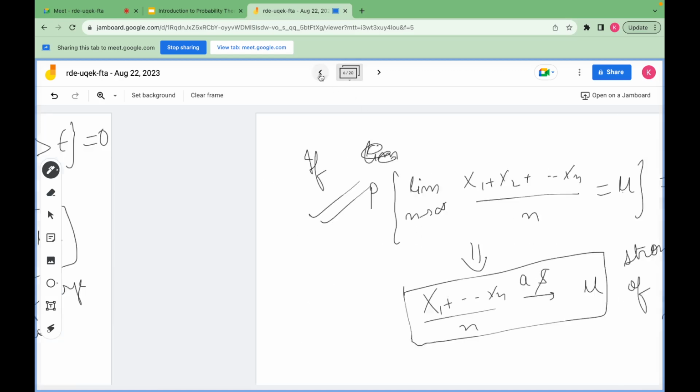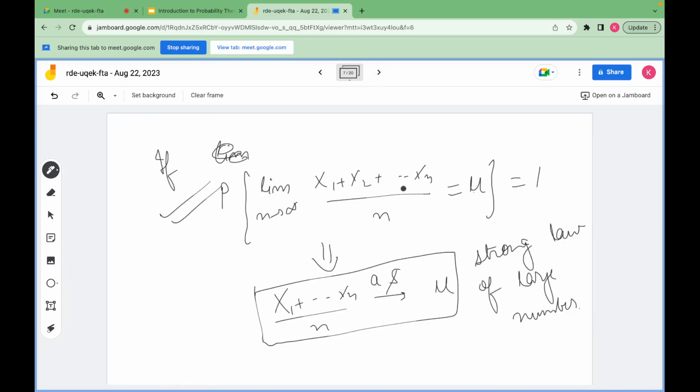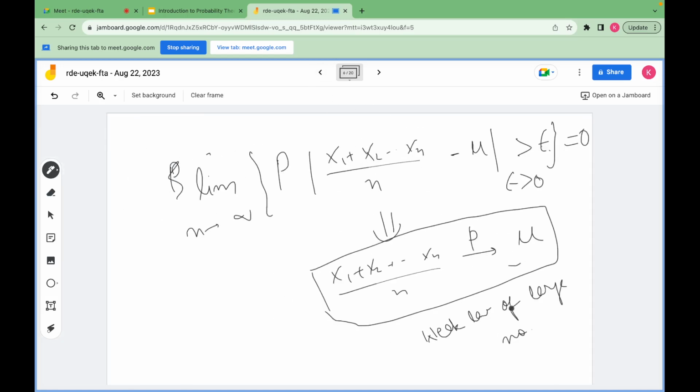So here the difference is that there is some epsilon which is a positive quantity, where epsilon is strictly greater than 0. So this difference will be very very small. This is not equal to 0, this will be very very small, but here the difference will be exactly 0. So therefore this is strong and this is a weak property.